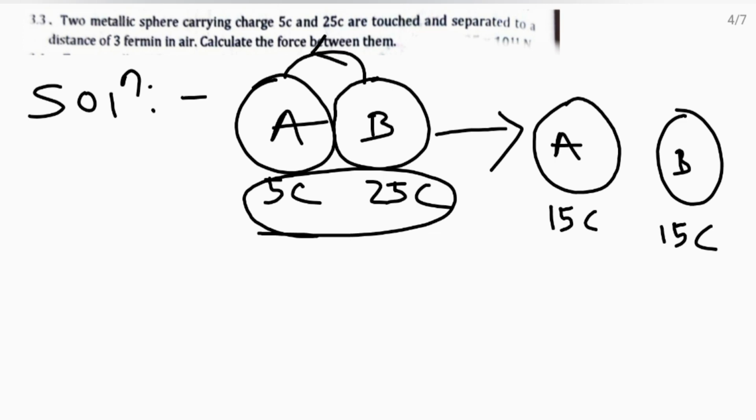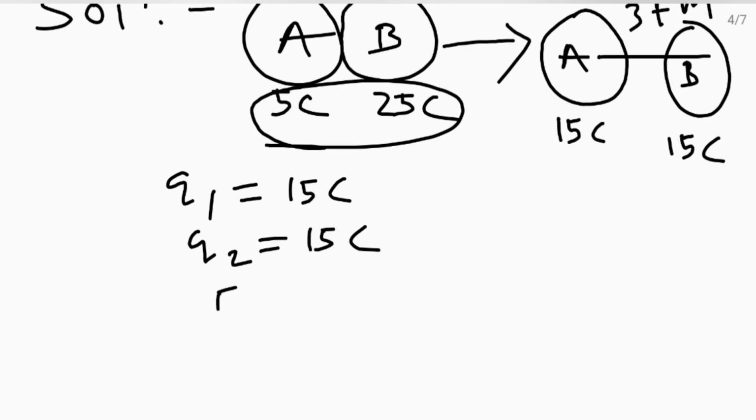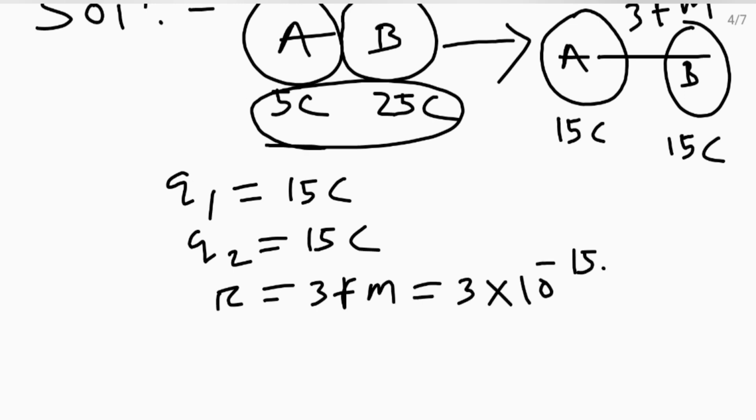So each charged body A and B will have 15 coulomb, and they are separated by a distance of how much? 3 Fermi meter. So we have charge Q1, how much? 15 coulomb. Q2 is also 15 coulomb, and R is given 3 Fermi meter, that is 3 into 10 to the power minus 15 meter.